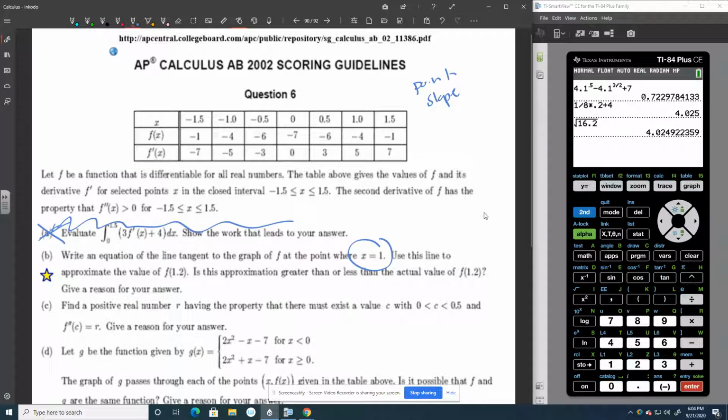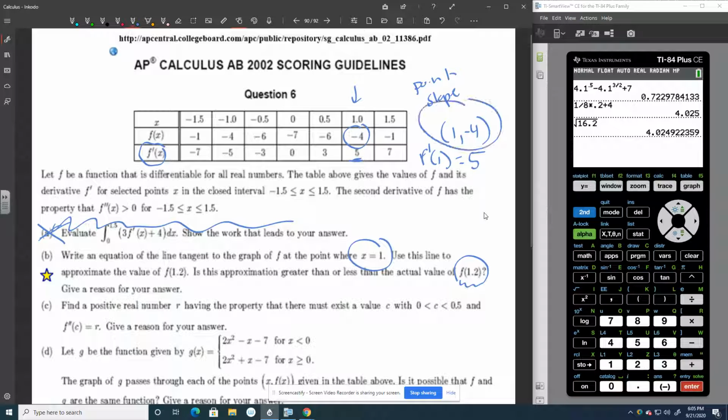When x is equal to 1, f of x is -4, so the point is 1, -4. And I'm going to approximate at 1.2, which means I need the slope at this same point. When x is equal to 1, f prime of 1 gives me the slope at 1. So f prime of 1 is 5.